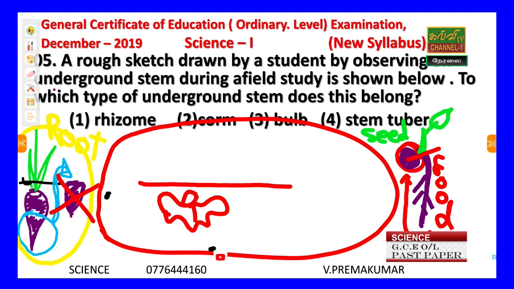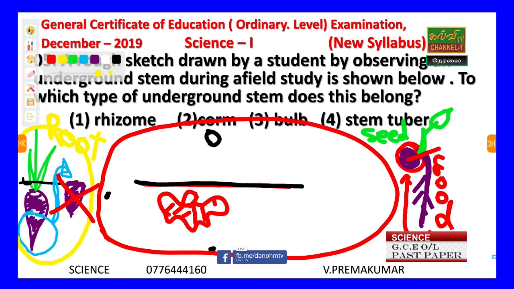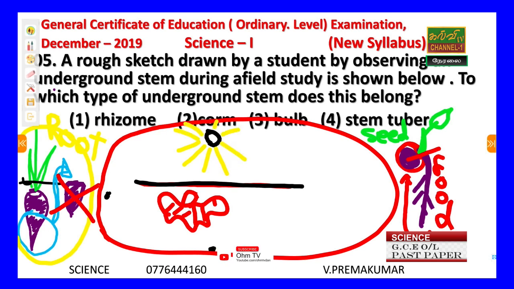This ginger is here, the underground stem, while the season is not suitable: very hot, no water.